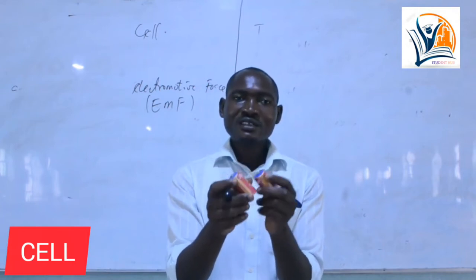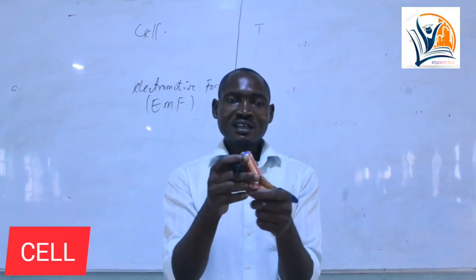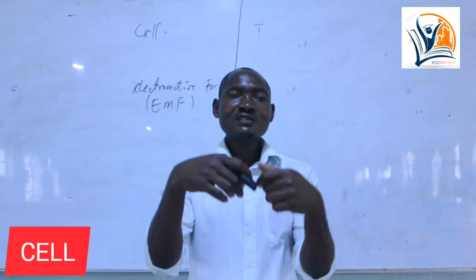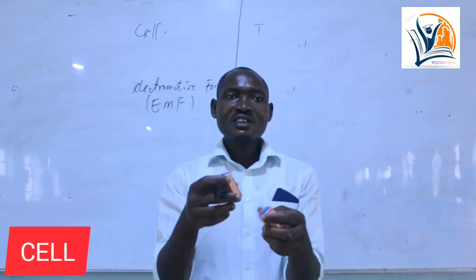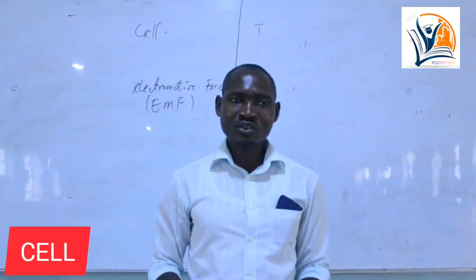It has that potential that it can transfer, or it can give energy. Is that okay? But if it is not connected yet, we have what we call electromotive force.